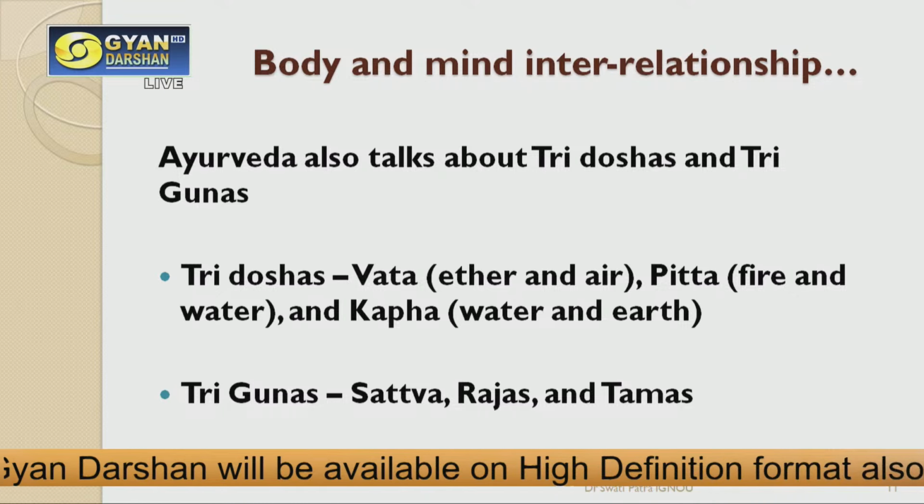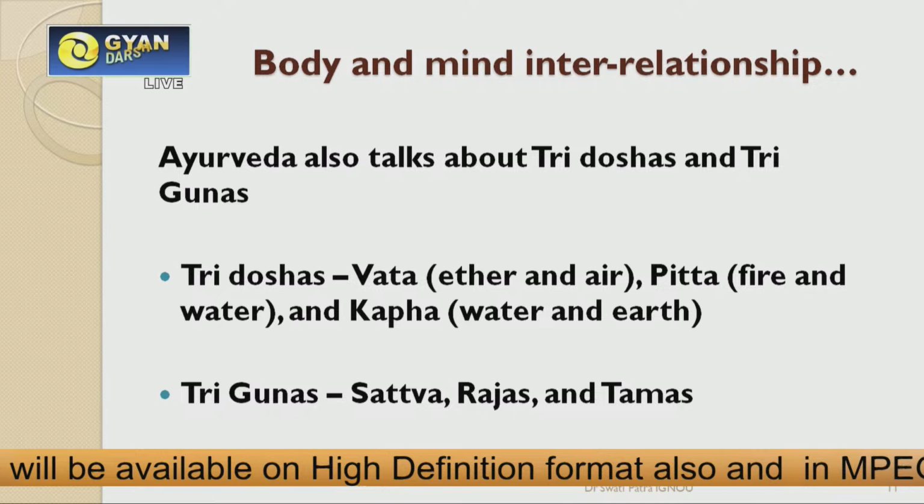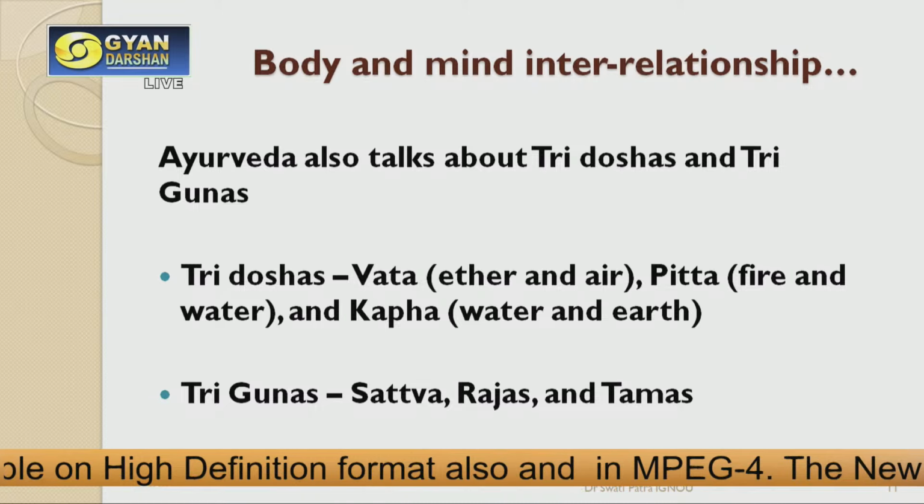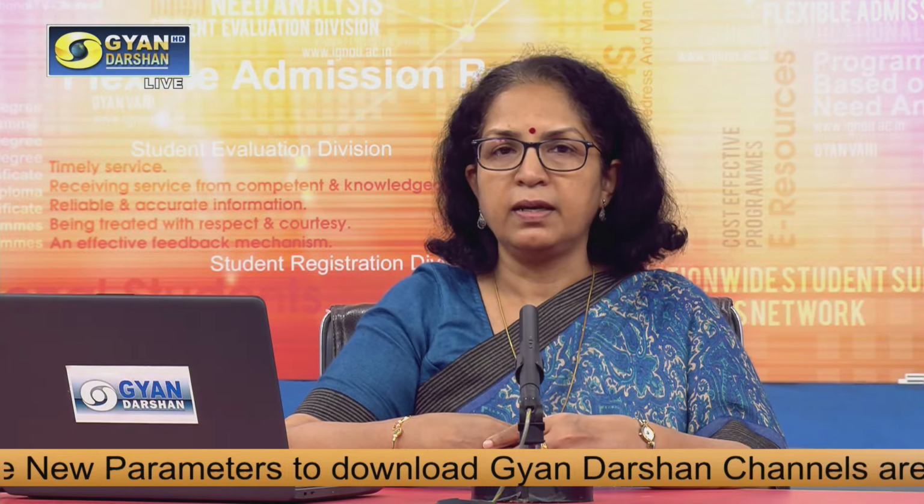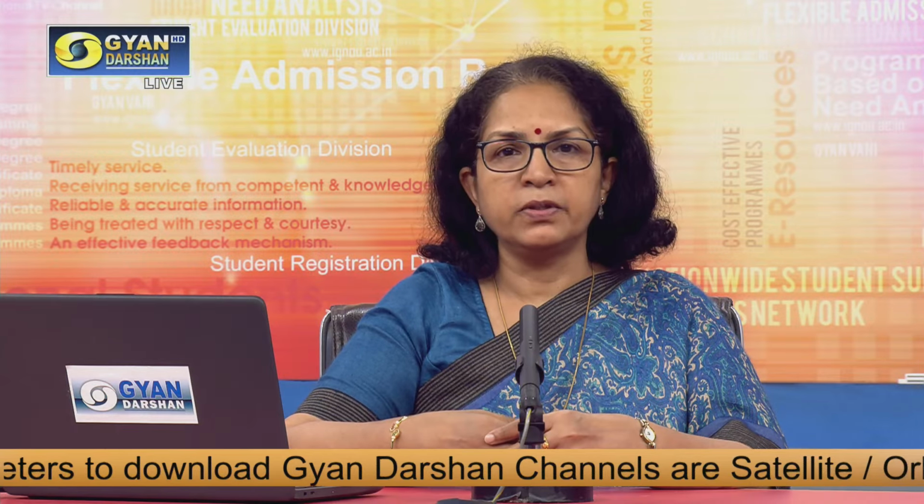Okay. Similarly, Ayurveda also talks about 3 gunas, that is Sattva, Rajas, Tamas. These are related to the personality characteristics of the individual. So that also affects the kind of qualities the person is having. That also impacts the functioning of the individual. Okay.